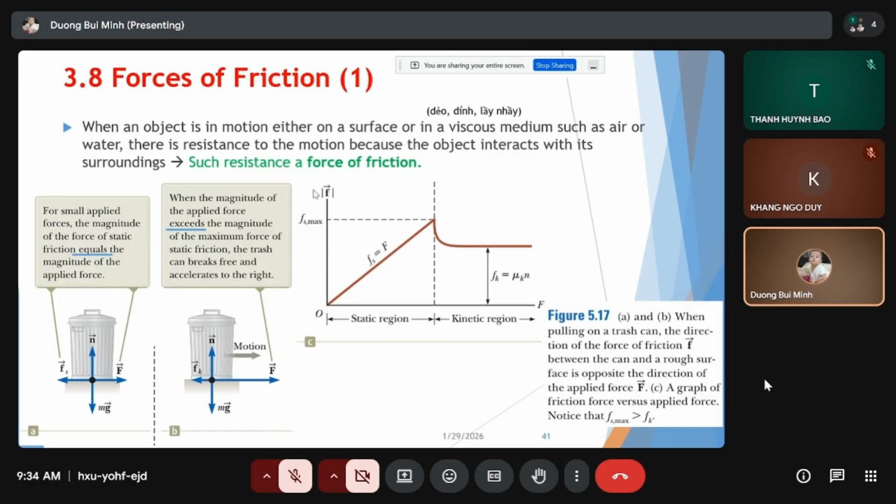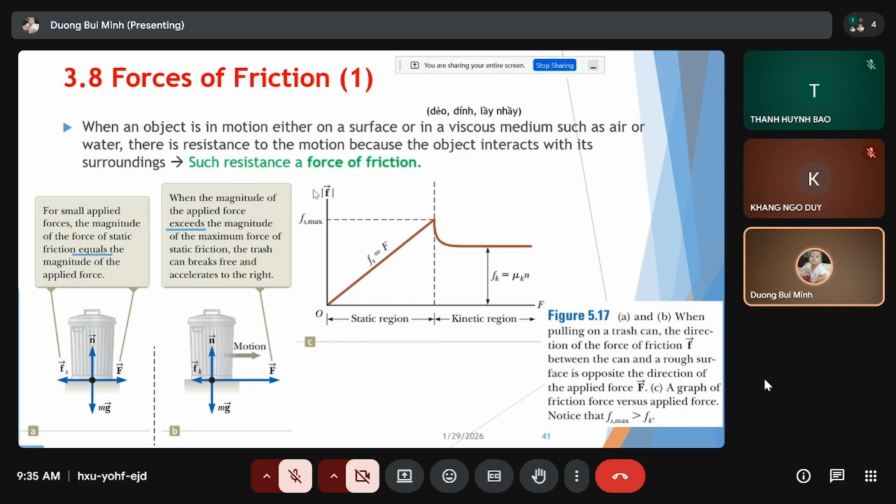After some time, the kinetic friction force is constant, even though we continue to increase F. So if the object is moving, we don't care about the increase of the external force magnitude because Fk is constant. Just F is higher than Fk, and the object continues to move. Is it clear?